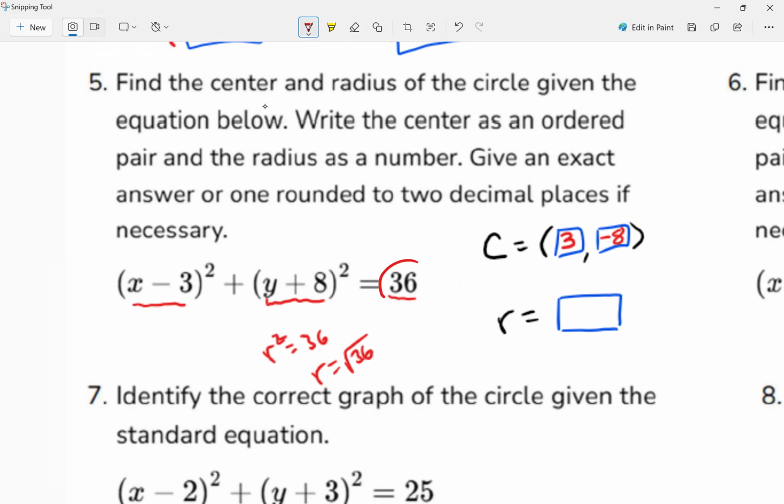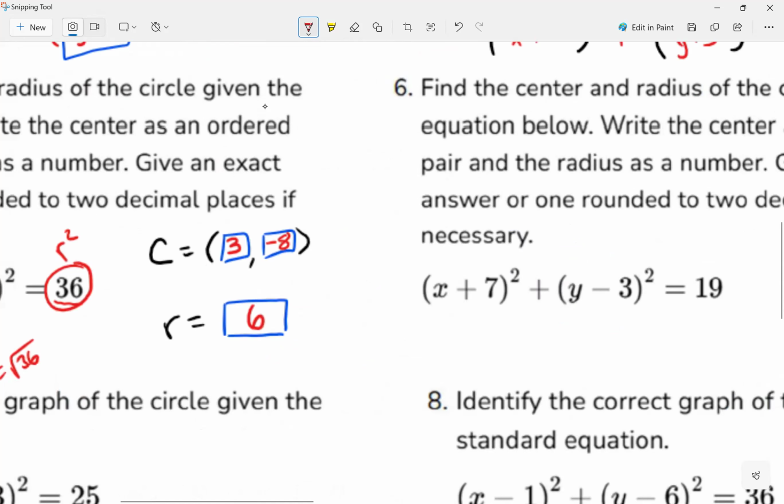Again, this number at the end is radius squared. So for you to get the radius, you have to get the square root of that. The way you undo exponents is with square roots. So the square root of 36, use your calculator if necessary, happens to be 6. So I'm going to say the radius is 6. So the center is (3, -8). The radius is 6.